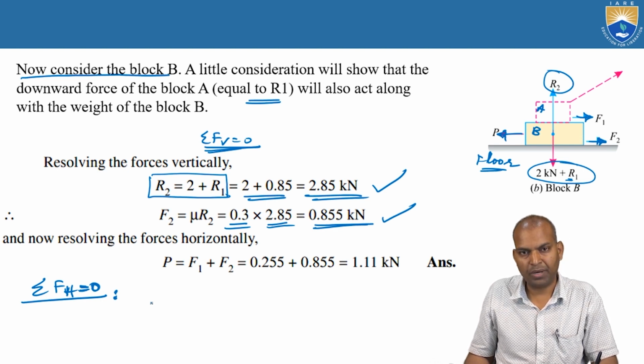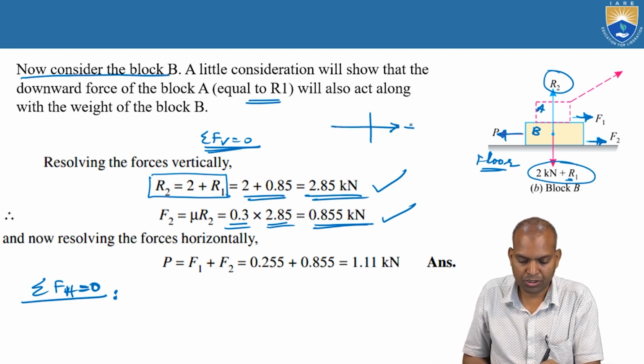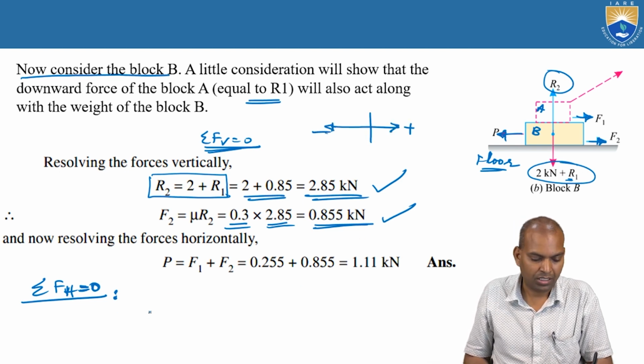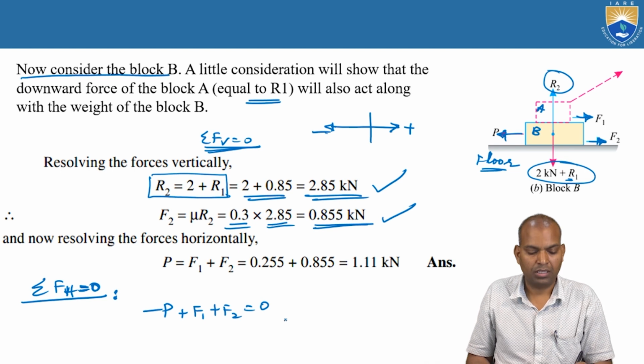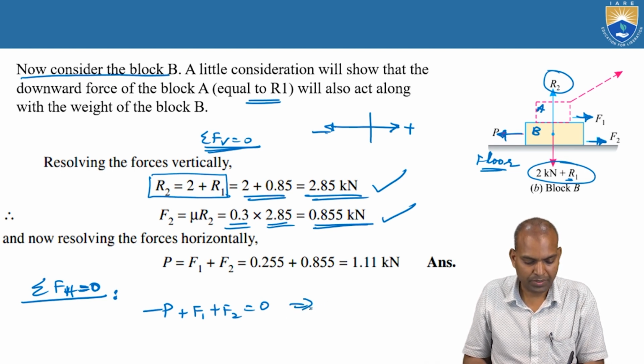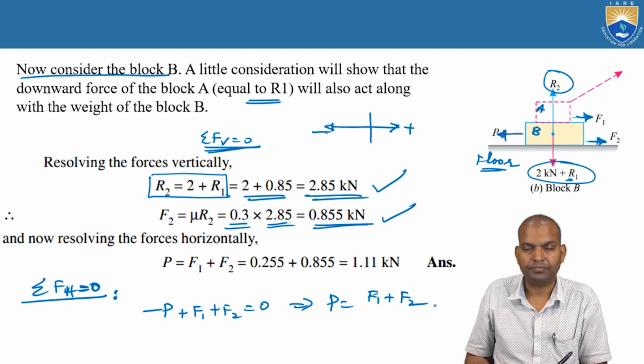Taking the positive direction, the sum is minus P plus F1 plus F2 equal to 0. So P equals F1 plus F2.